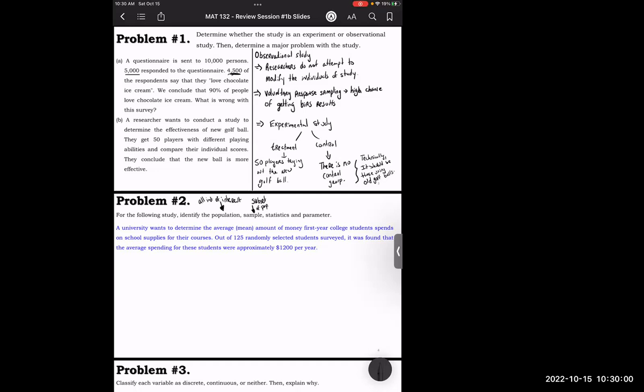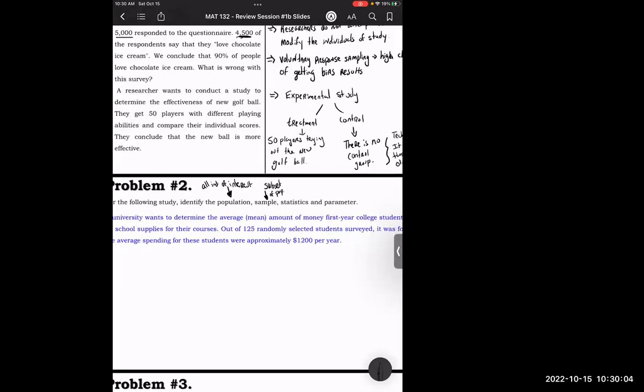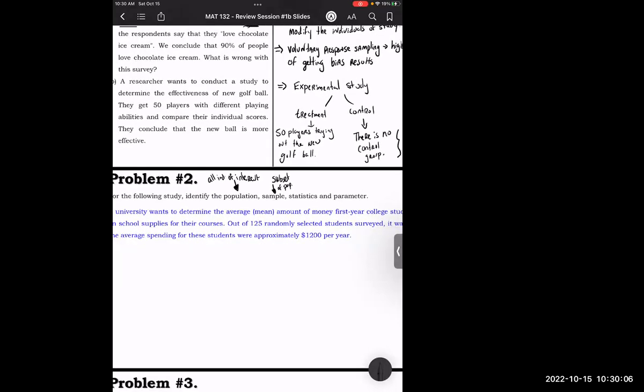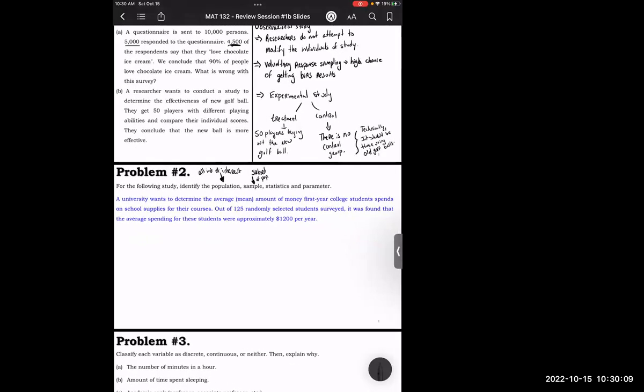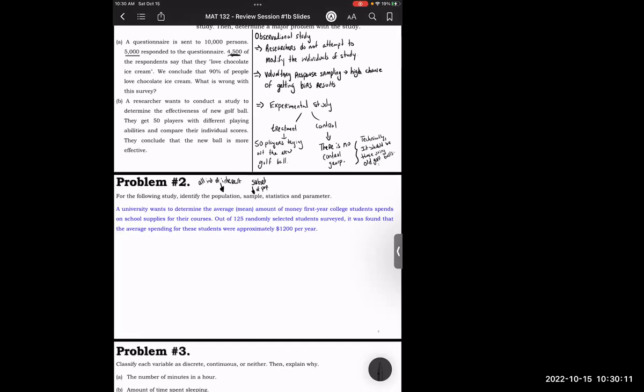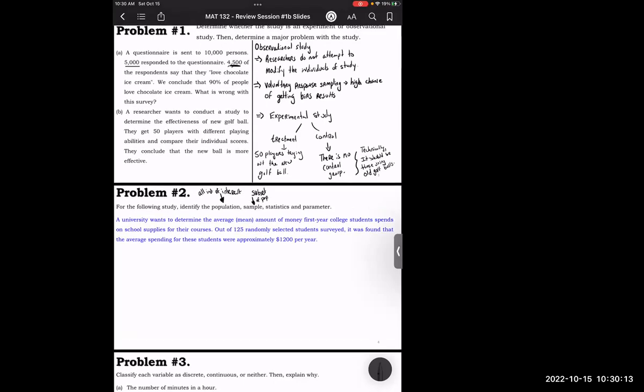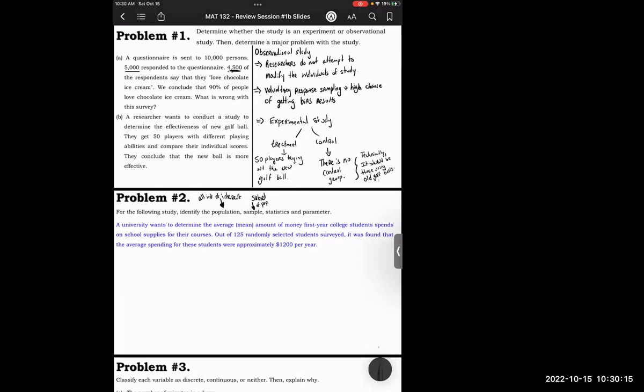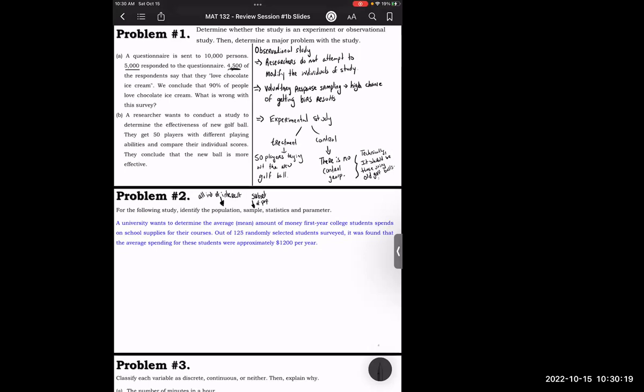I could zoom in. The thing is, when I zoom in, it's better for me to rotate it horizontally. That's why. Let me just get through problem number 2, and then we'll sort of have a vote on this.